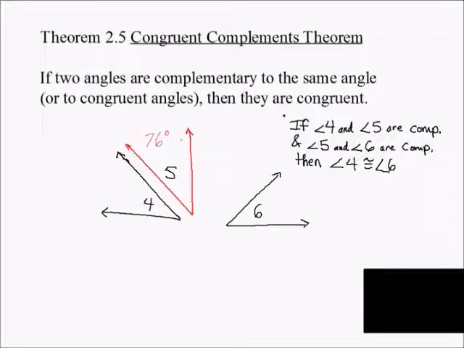If angle 5 is 76 degrees, and remember, complementary is 90 degrees, then 90 minus 76 is equal to 14. So angle 4 is 14 degrees. Well, 6 and 5 are also complementary, so that means that 4 and 6 are going to be the same measure. So angle 6 also has to be 14 degrees.